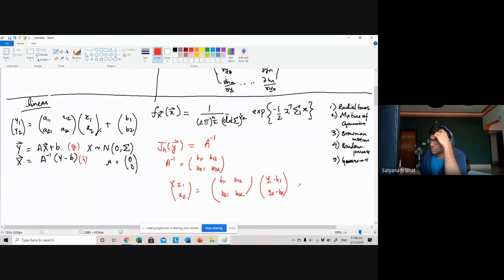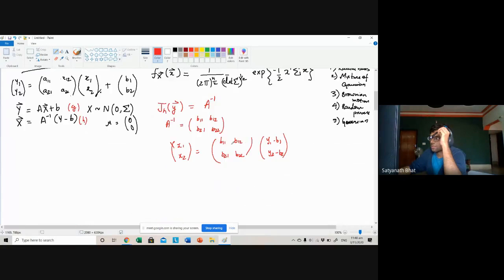You take the multiplication of this matrix, and you will get some function here. And then when you take the partial derivatives in this way, with respect to y1 and y2, you will get that the Jacobian matrix is A inverse.